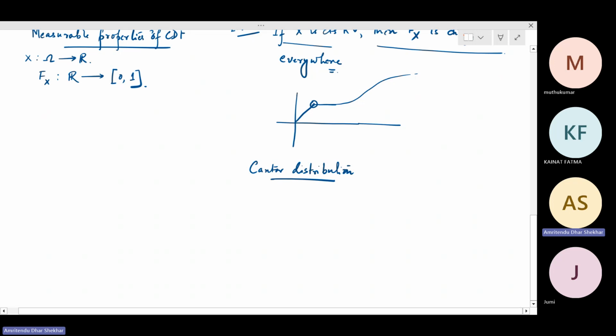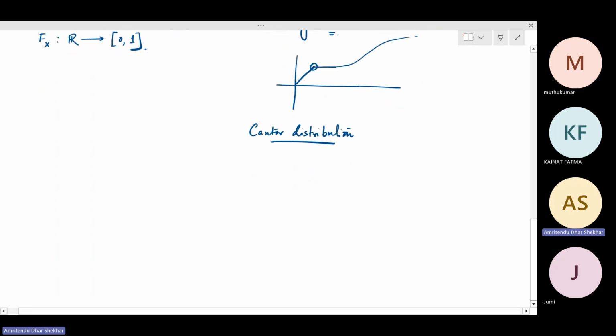Okay. So the Cantor set is defined in this way. It's a descending sequence of sets. Let's say you start off with the set [0, 1].